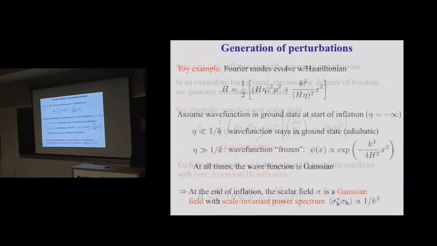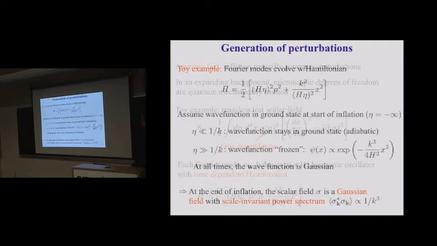Okay, so if we just pretend this is the Schrodinger equation in quantum mechanics and consider this Hamiltonian, then it's easy to show the following. At a fixed value of eta, this is just the Hamiltonian of a harmonic oscillator.